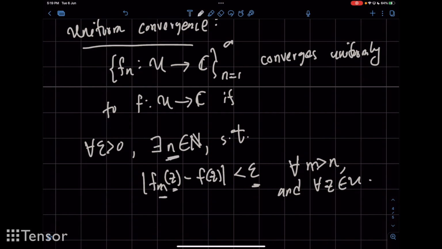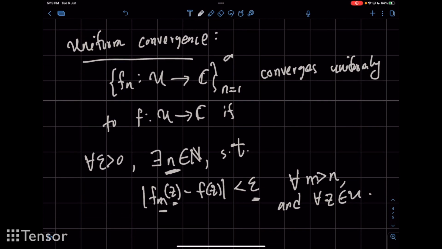But for uniform convergence, I have the same n for every z. So this is the difference between the usual convergence and uniform convergence. As the name suggests, it is uniform in some sense: for any z, I have the same n. Okay. So is the definition of uniform convergence clear to everyone?